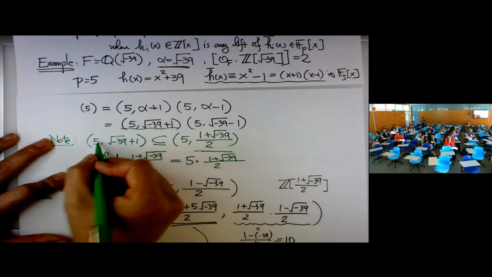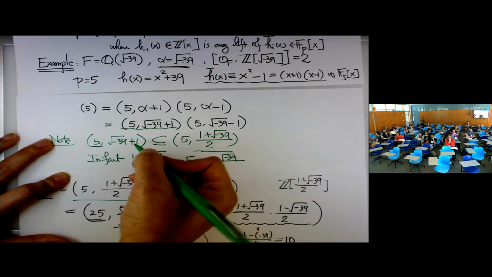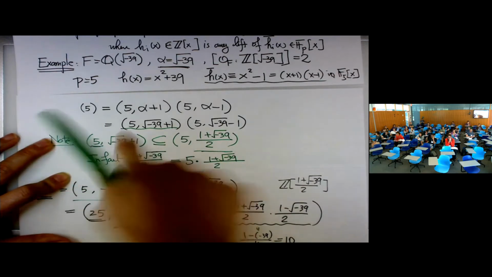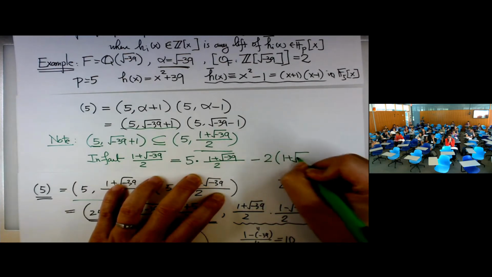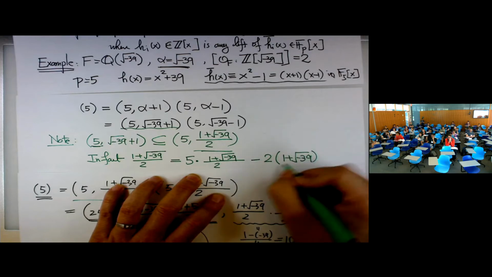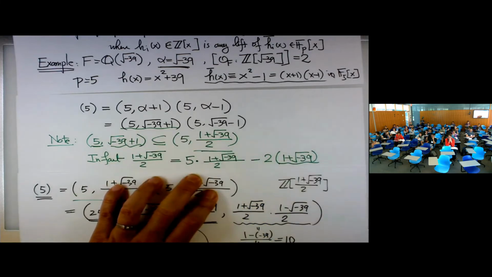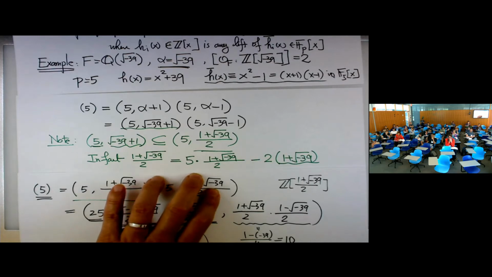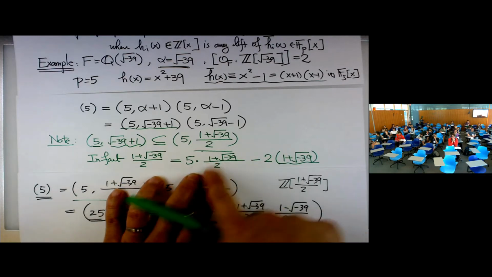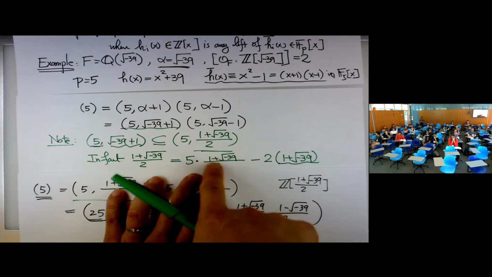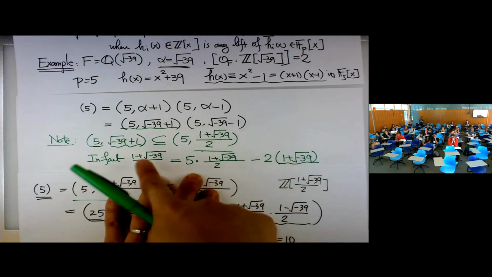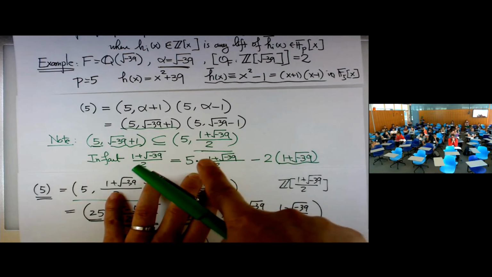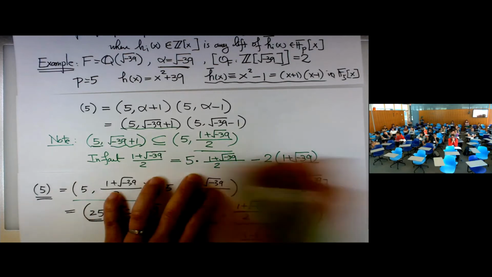I can multiply that by 5. That's still going to be in the first ideal. Then I can subtract 2 times that. So this will be the second generator of this ideal. If you think about it, 5 halves is like 1 plus root of negative 39. This is 2 of that, so their difference is like 1/2 of that. So really, this generator actually belongs to the first ideal.